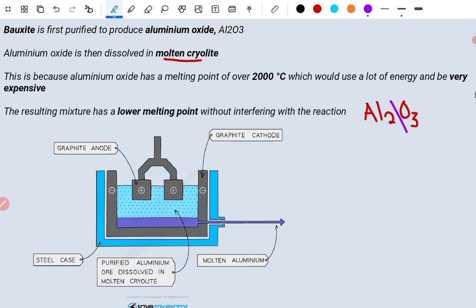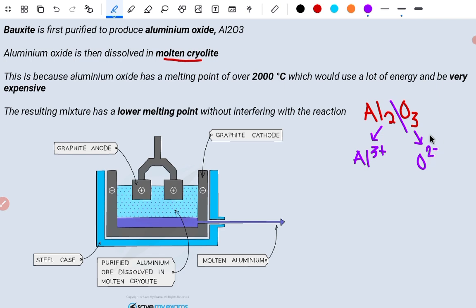So once this is in molten state, it forms its ions. Aluminium forms positively charged ions. Aluminium happens to be in group 3, so it's going to carry a 3+ charge. And this is oxygen, which is going to carry a 2- charge.